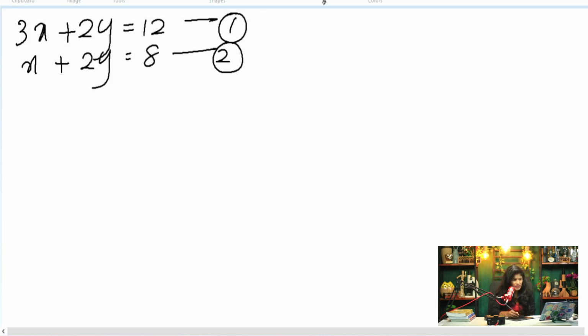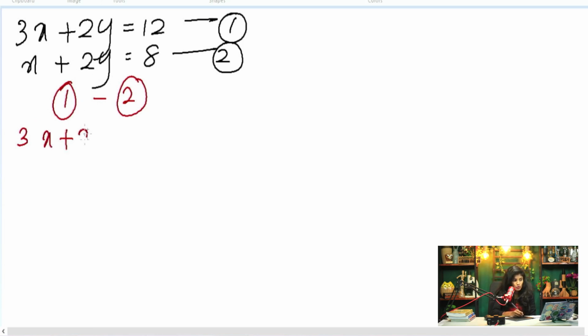Now what I'm going to do is subtract equation 2 from equation 1. That means 1 minus 2. The same way as the previous questions. Okay. Now I'm not using the bracket in this question. I'm going to just simplify on the spot. So try to understand this one also.